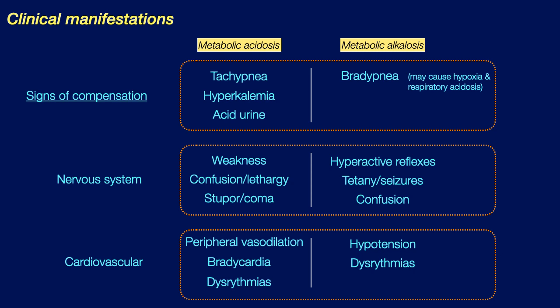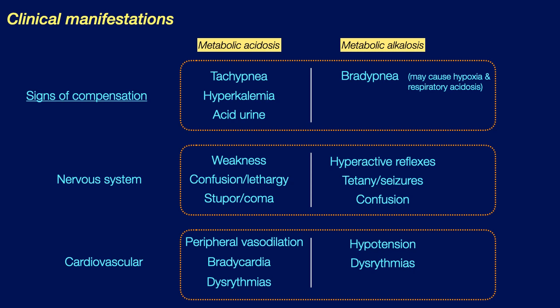And here you have the most important clinical manifestations. We will have first signs of compensation, so what the lungs are doing and what the kidneys are doing to compensate for these conditions. In the case of metabolic acidosis, you'll have tachypnea, which is increased ventilation.